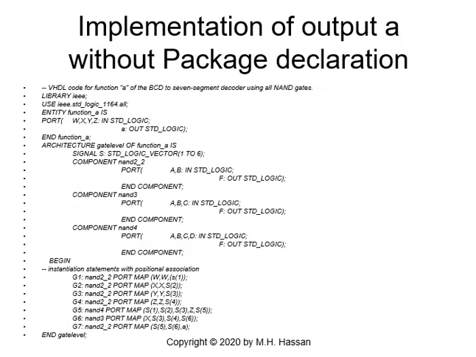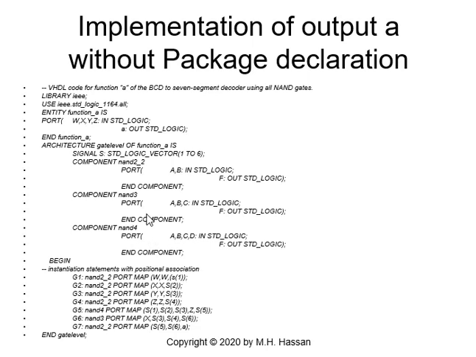If you don't want to do that, you compile the program without the package declaration, and in the program itself, you declare those components that you need to use. So component NAND 2, port A, B, and F, and component NAND 3, port A, B, C, and F, and component NAND 4, port A, B, C, D, and the output is F.